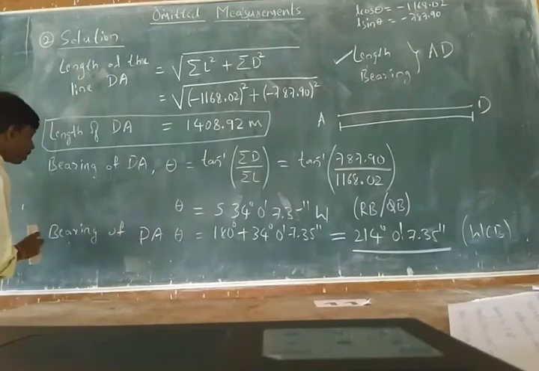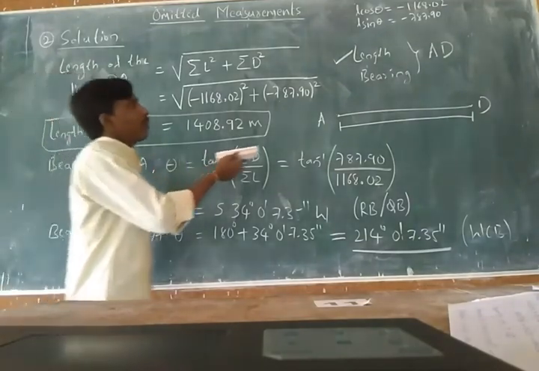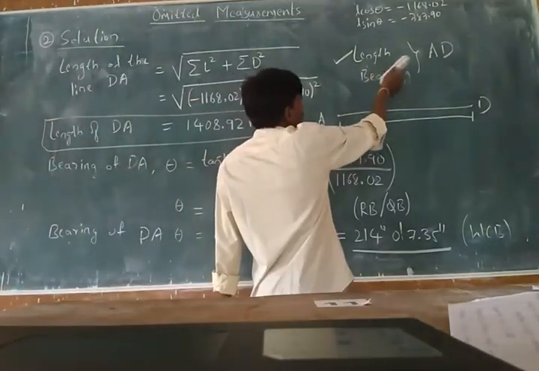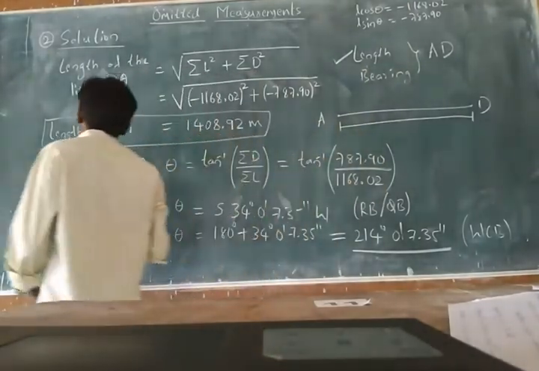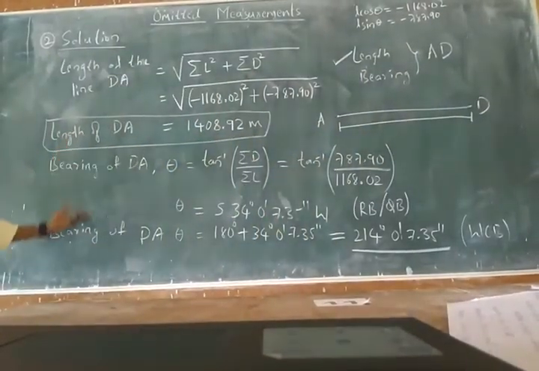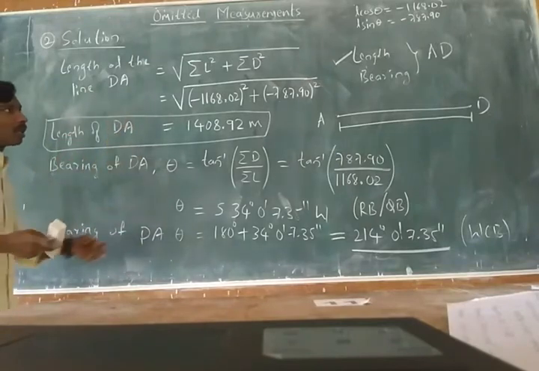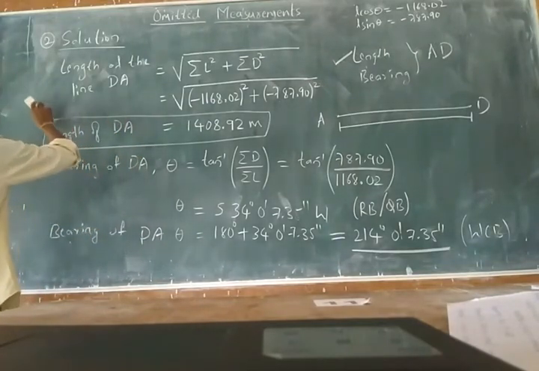So let's write the length of AD and the bearing of AD. Now we have obtained the length of DA and the bearing of DA. Now just write the length of AD and the bearing of AD.